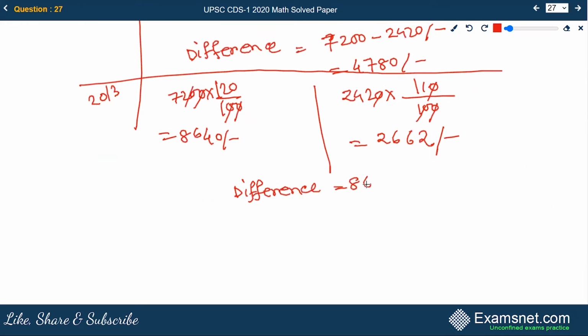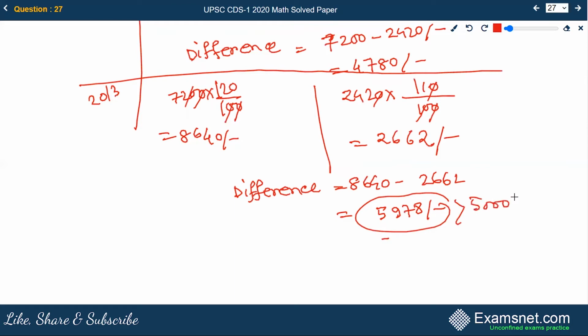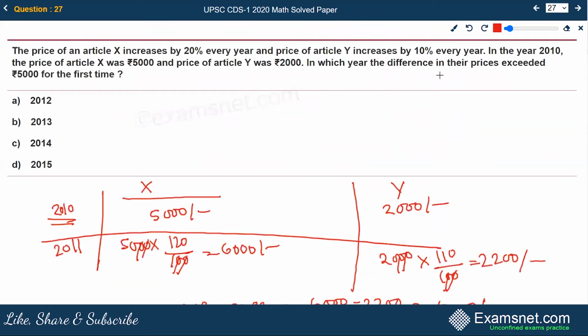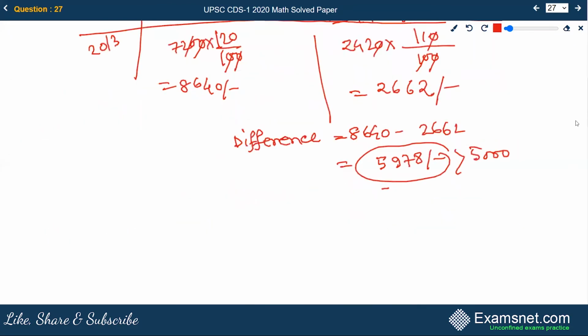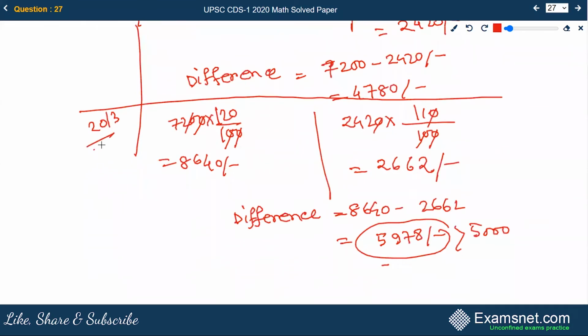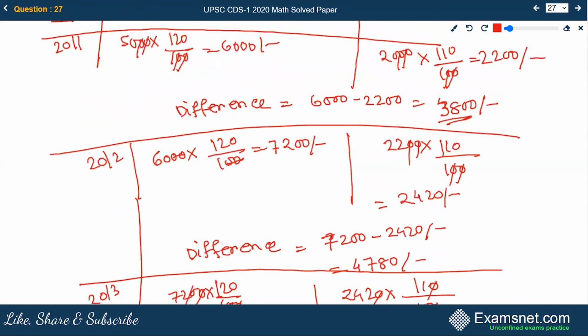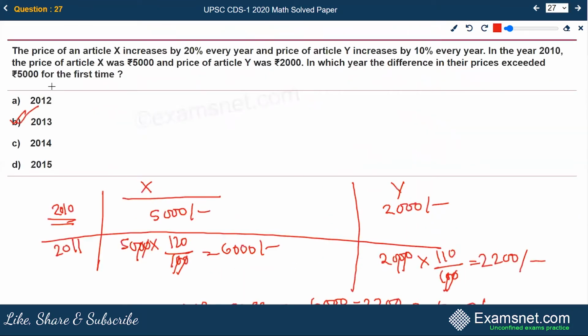It is 8,640 minus 2,662. The difference is 5,978. Yes, it is greater than 5,000 for the first time. So the question was, in which year did the difference in their prices exceed 5,000 for the first time? That is in the year 2013. So here option B is the correct answer.